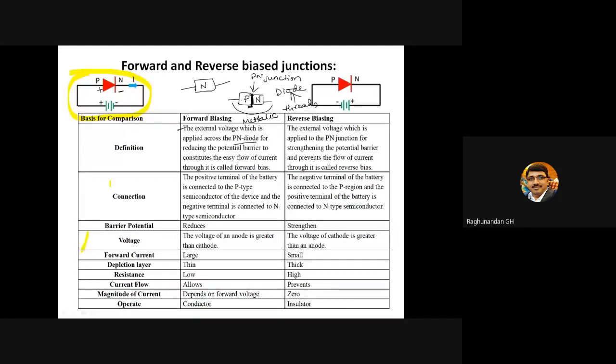So in forward bias, what happens? All the electrons start flowing towards the, if I take this as PN junction, so this is the depletion layer or a junction which is found between P and N layer or separation.